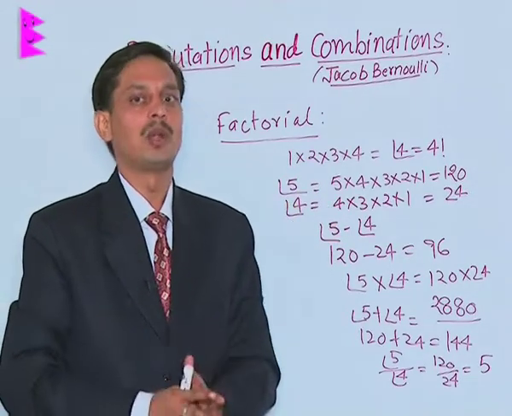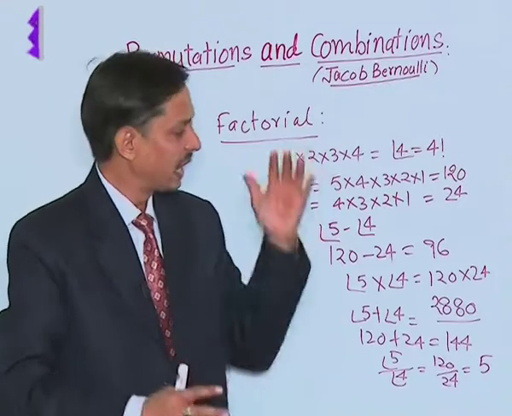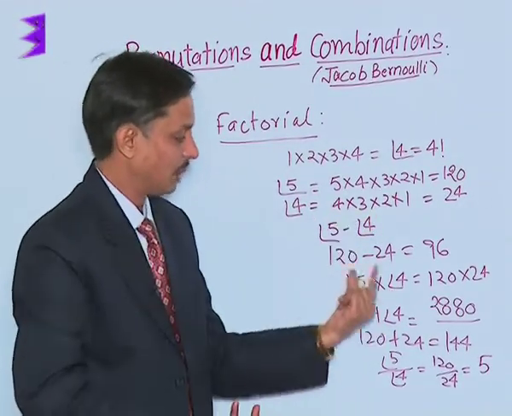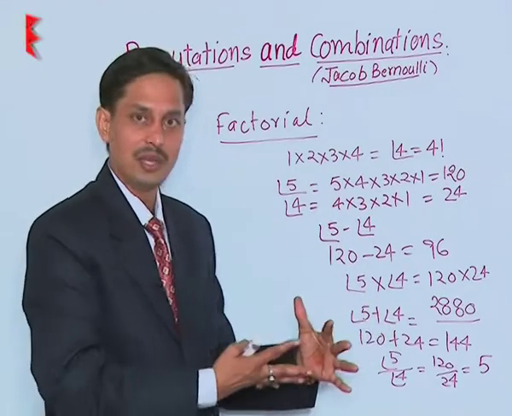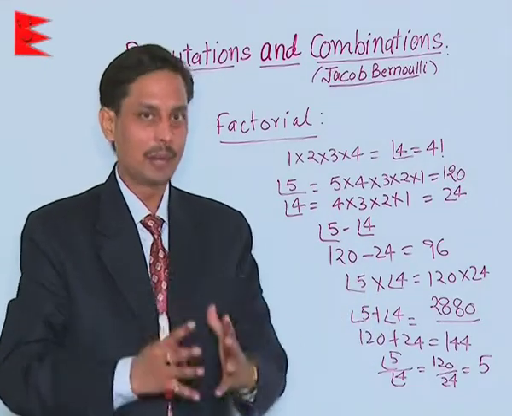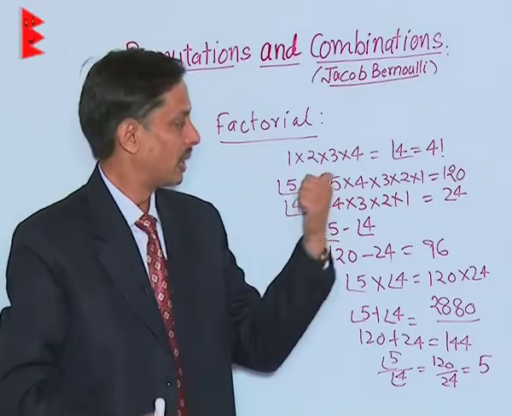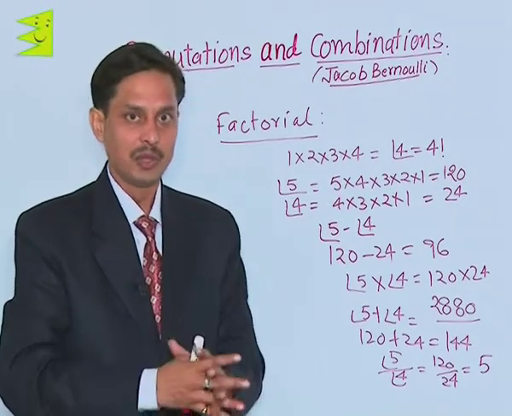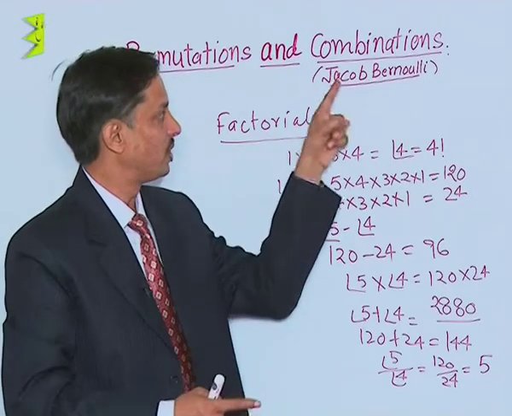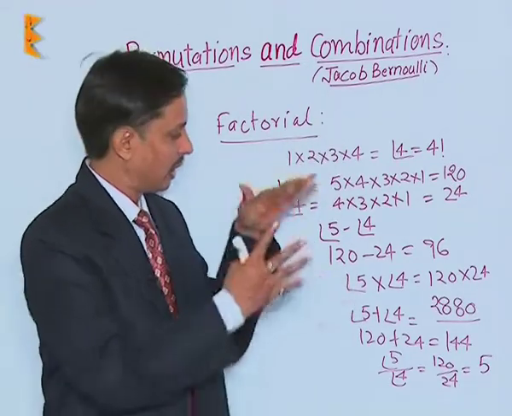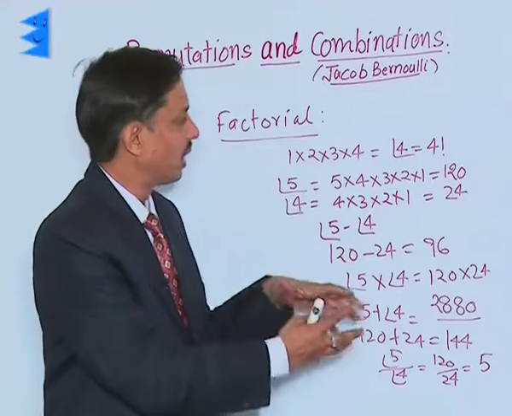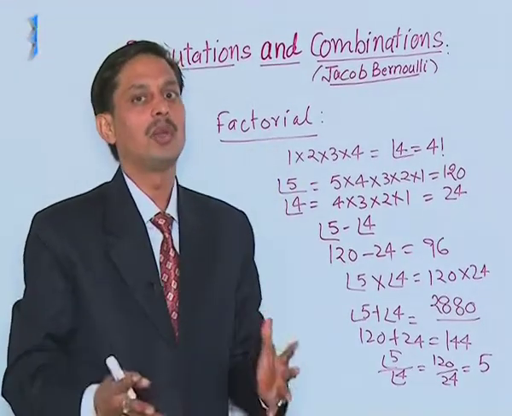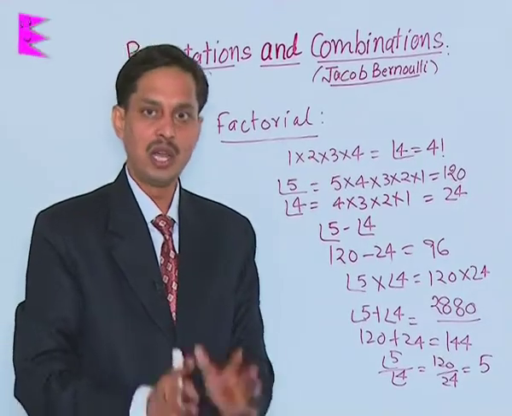Factorial 9 is the product of 1 to 9. Other operations like subtraction, multiplication, addition and division come later, but the factorial needs to be evaluated first. This concept was given by Jacob Bernoulli, and it is related to solving problems with factorials, and factorial is the product of the first n natural numbers.